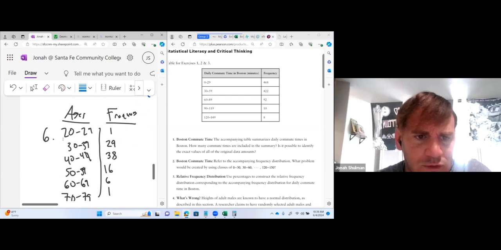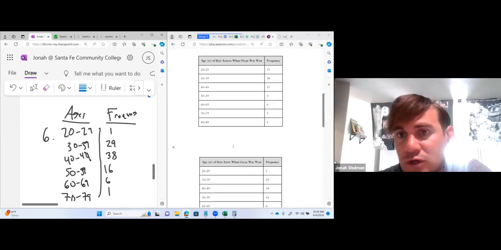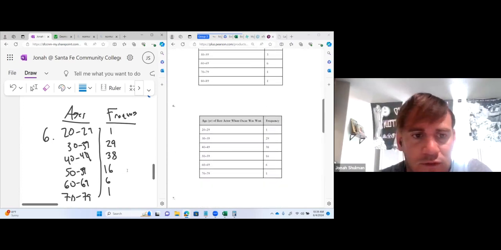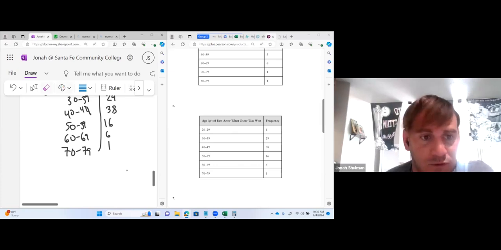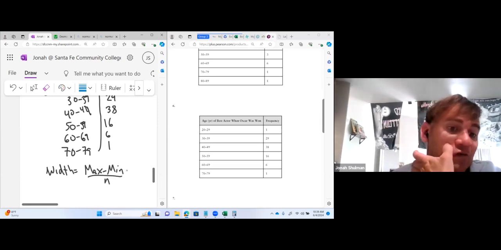So our width is how many numbers are from 20 to 29. They already did these widths. We could go to the chart and figure it out with the formula, which is the biggest minus the smallest divided by n, how many things you have.